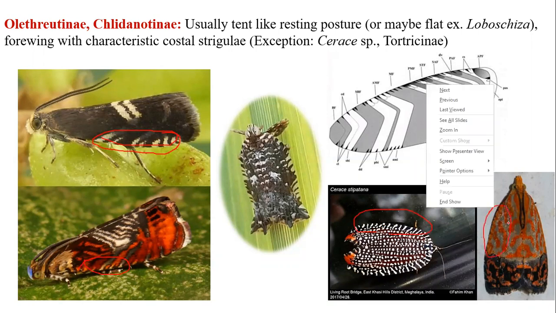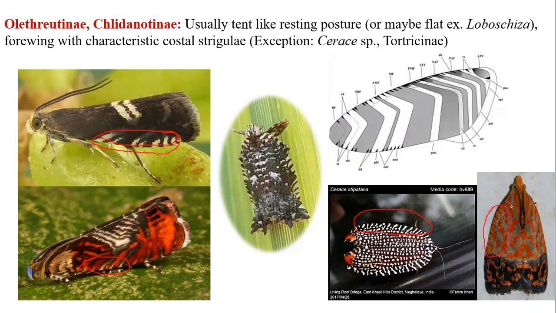And this characteristic is called costal strigulae in entomological terms, and this characteristic usually occurs in subfamily Olethriutini and Clidanotini. So whenever we find a moth having this characteristic, I mean costal strigulae, then we can be sure that it belongs to either subfamily Olethriutini or subfamily Clidanotini.